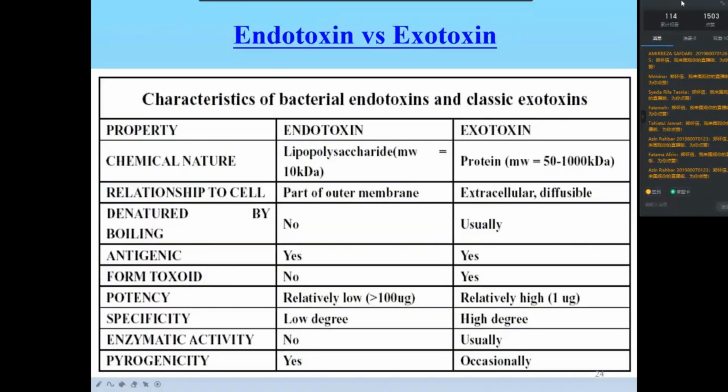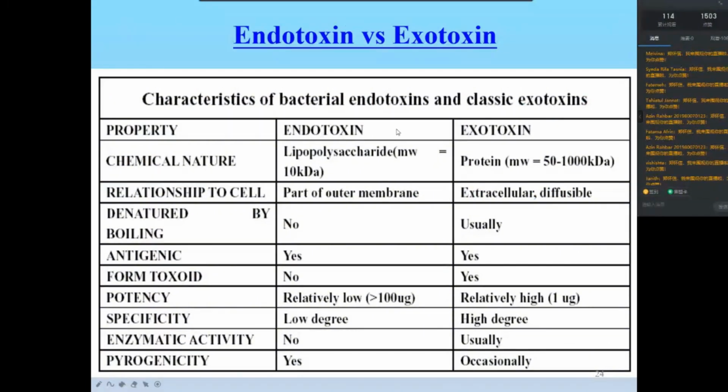This table compares endotoxin and exotoxin in different properties: their chemical nature, relationship to cell, whether they are denatured by boiling, or other properties.